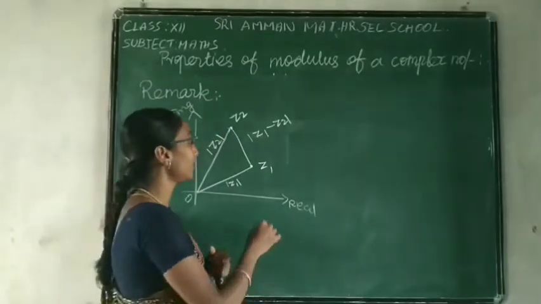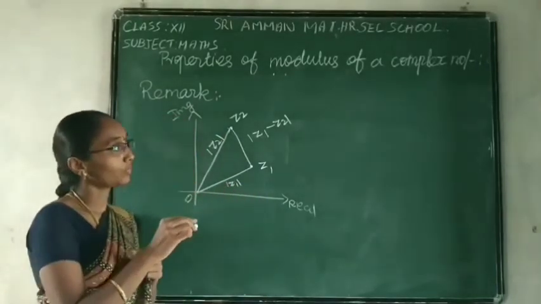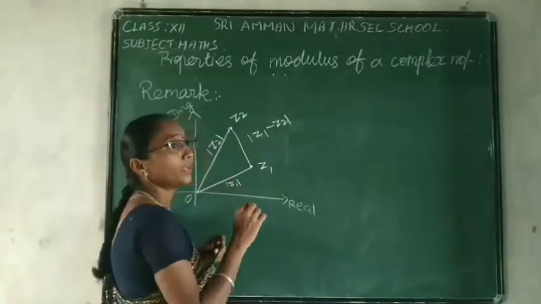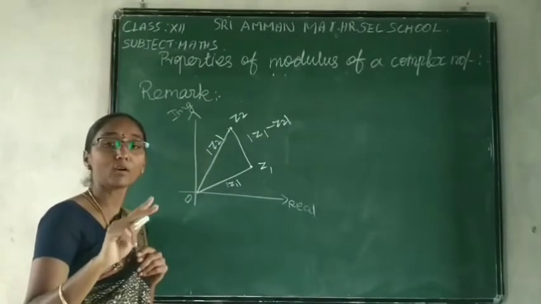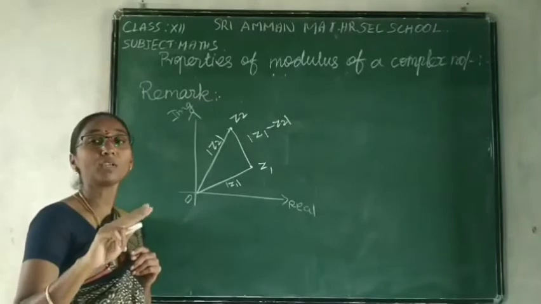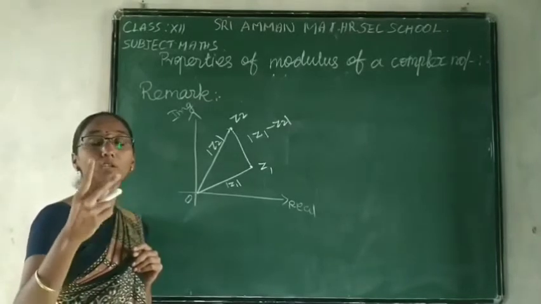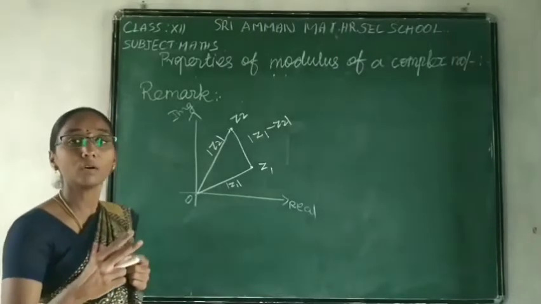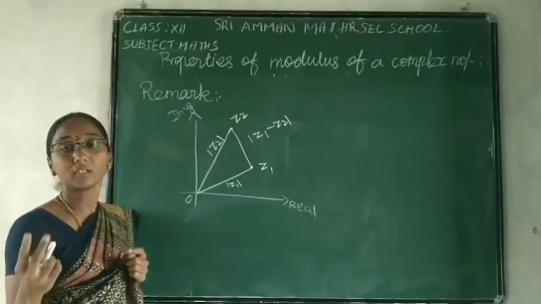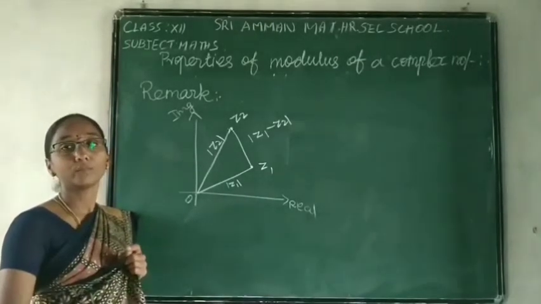You already know that the sum of the lengths of any two sides of a triangle is greater than or equal to the third side of the triangle.